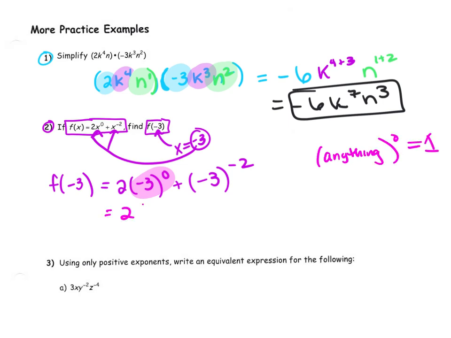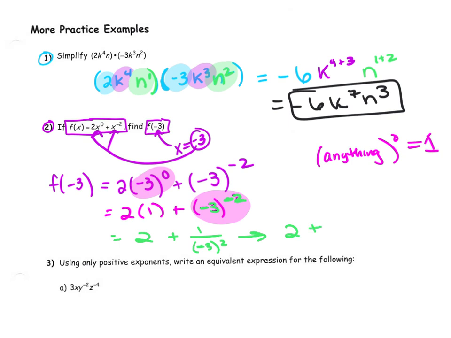So we'll have 2 times 1 plus negative 3 to the negative 2nd. I want to get rid of this negative exponent, make it positive. So we'll have 2 plus 1 over negative 3 squared. That does not mean get rid of the negative in front of this 3 here. It means make the exponent go from negative to positive. So this is still negative, although it's not going to change our result in the end.